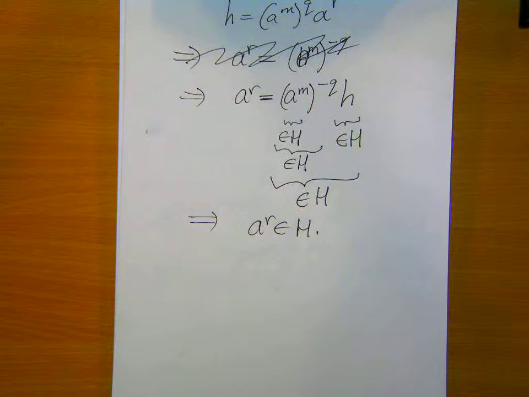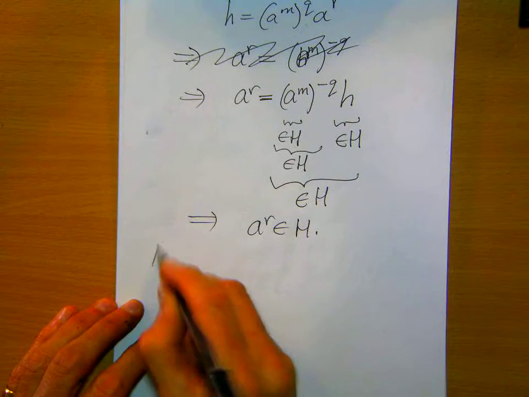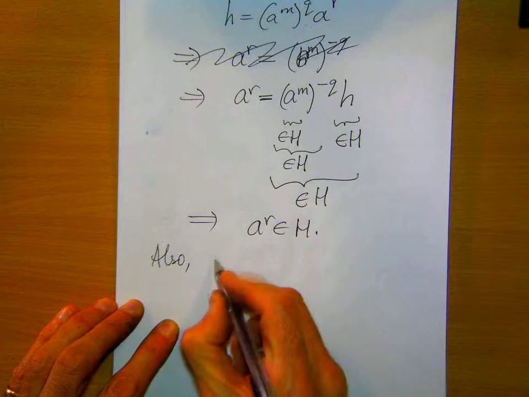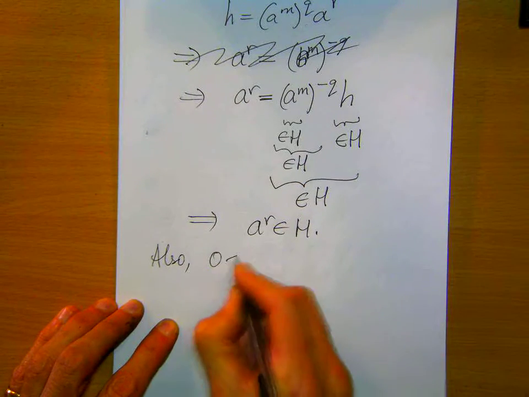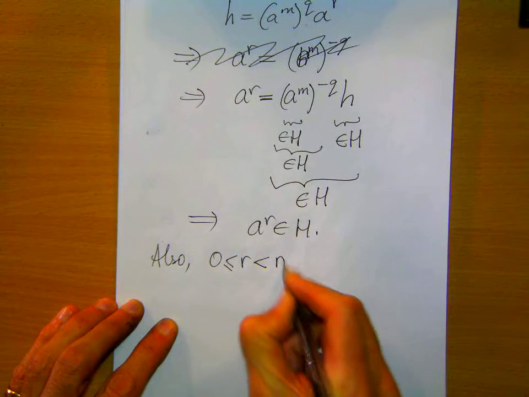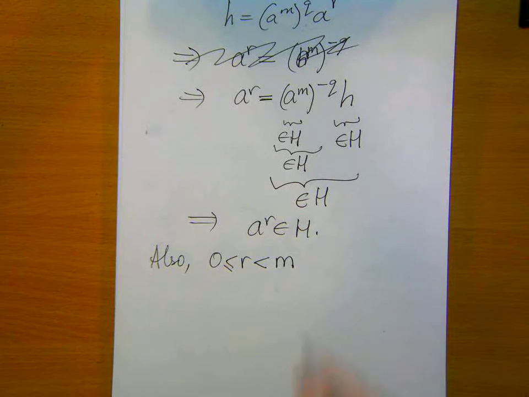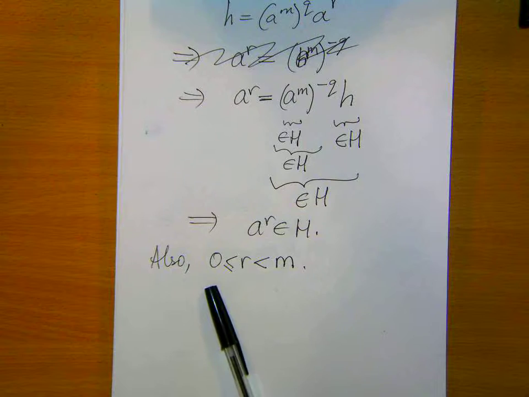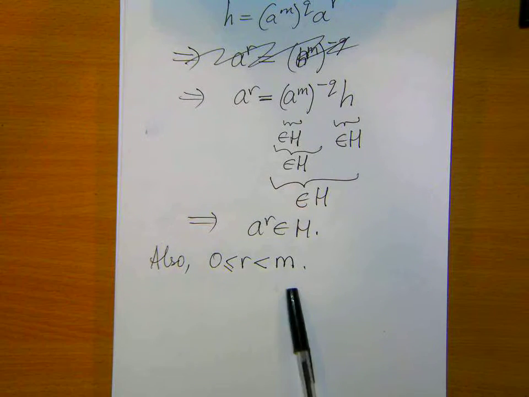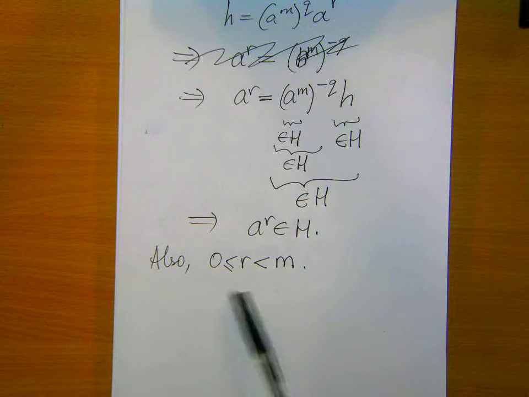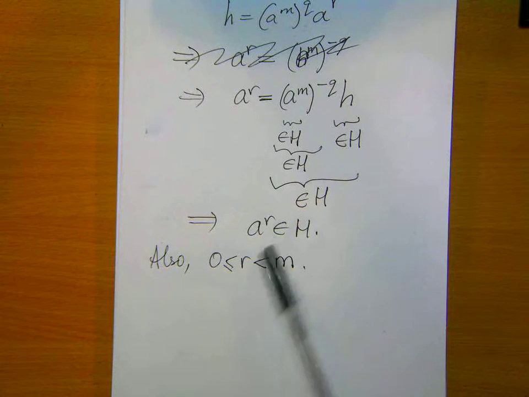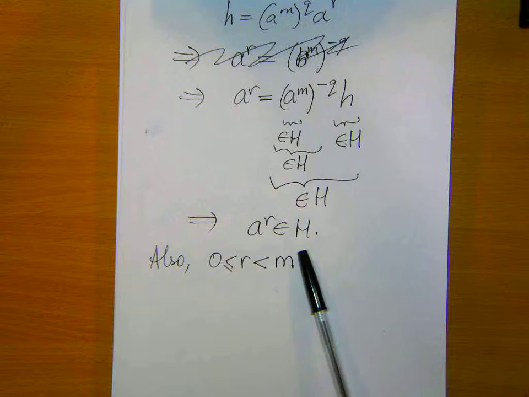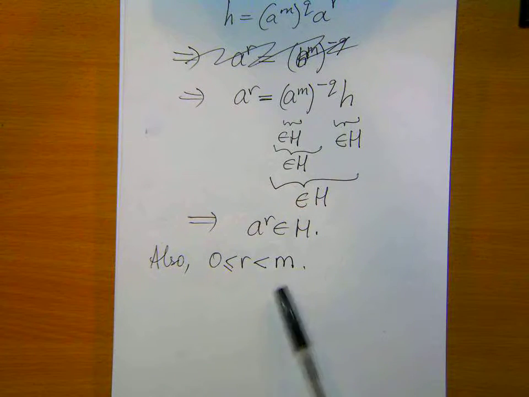So what we've got is that a to the r is in H. But remember what r is. It's the remainder on division by m. So it's somewhere between 0 and m, possibly 0, but not m. If r wasn't 0, can you see what we'd be saying here? We'd have a positive power of a being in H, and that positive power would be less than m.